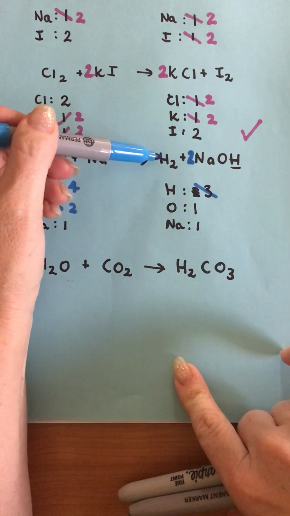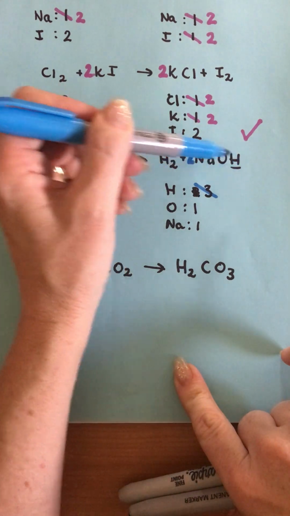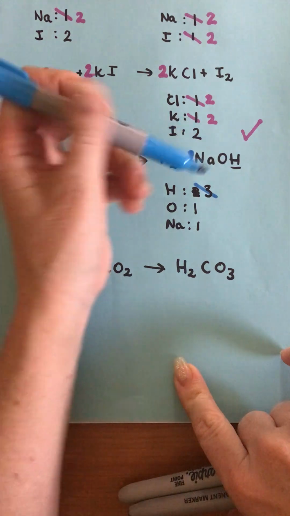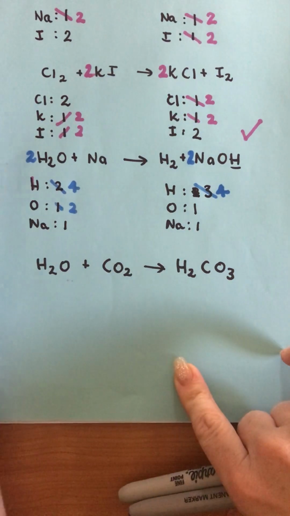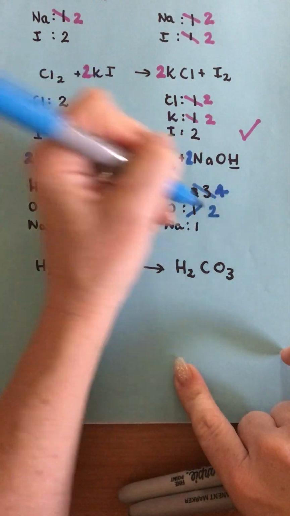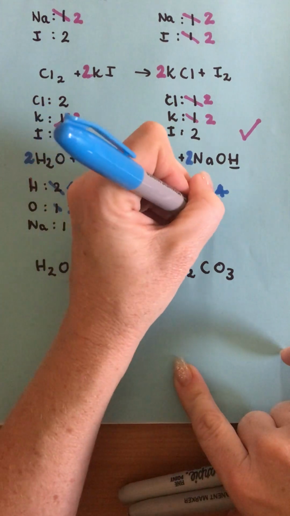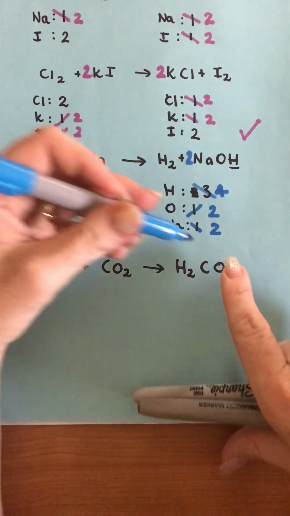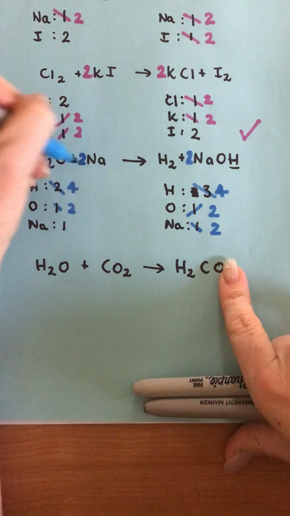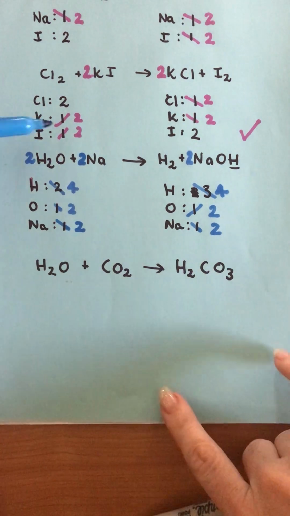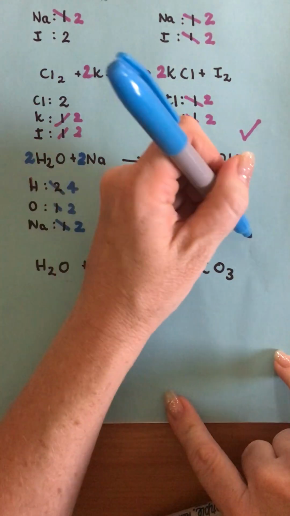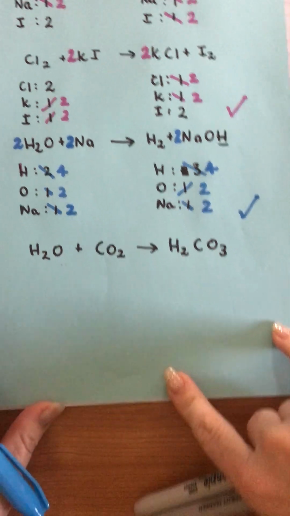Let me just double check. How many have I got? 2 hydrogens there plus 1 there times 2 is 2. 2 plus 2 is 4 hydrogens. It gives me 2 oxygens and it gives me 2 sodiums. Now obviously I still need more sodium, so I put a 2 there, and I now have 4, 2, 2, so I have a balanced equation.